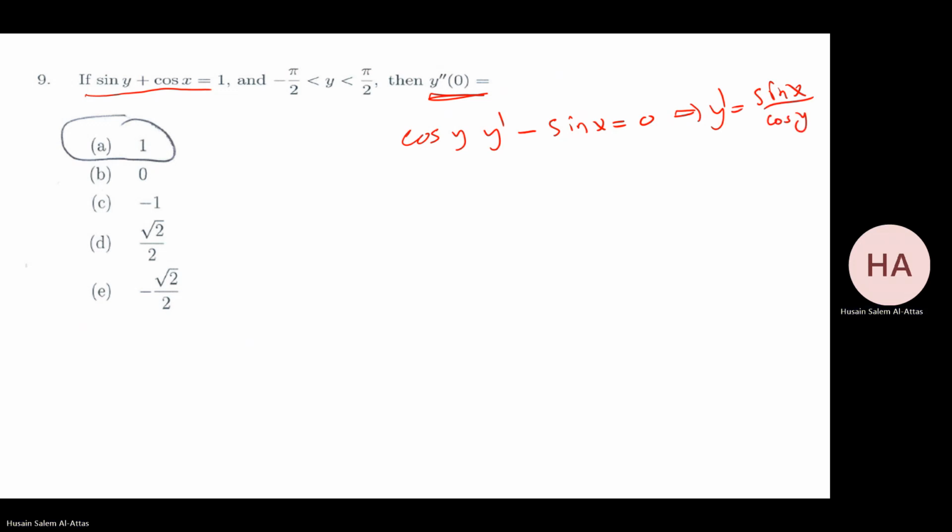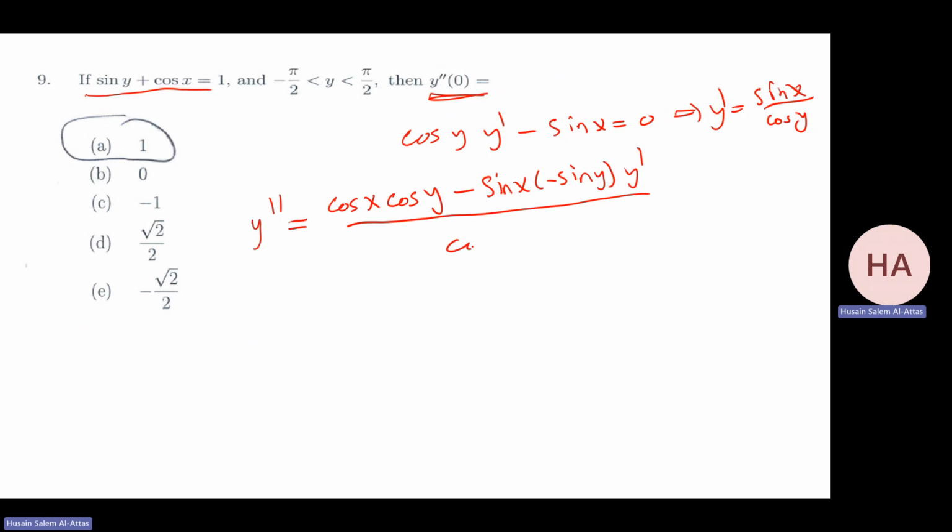What will be y double prime? y double prime will be cosine x times cosine y minus sine x times minus sine y y prime, over cosine y all squared.